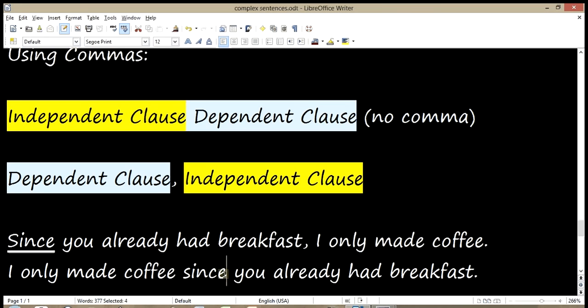Now, in the sentence below, I've just taken these 2 clauses and I've just changed them around. And so I have, I only made coffee since you already had breakfast. In that case, we don't need a comma because the independent clause comes first.